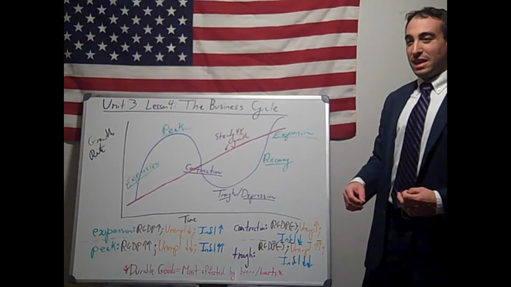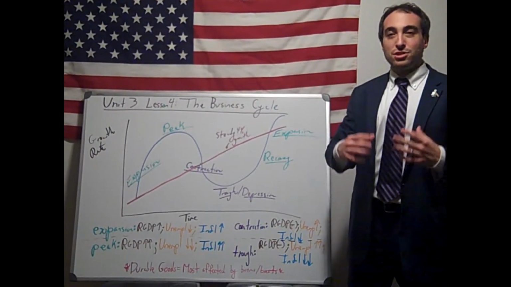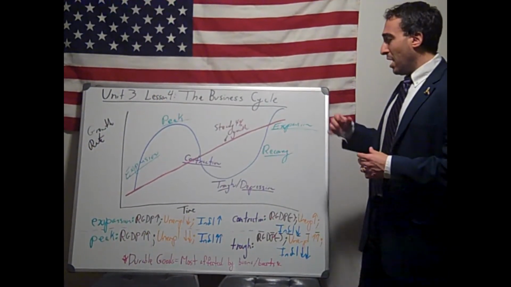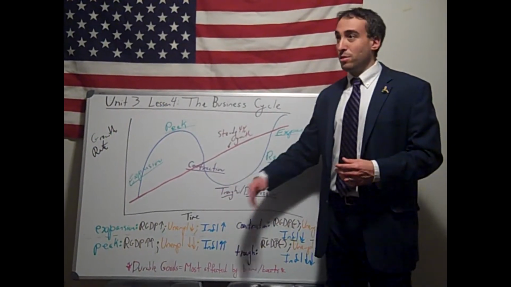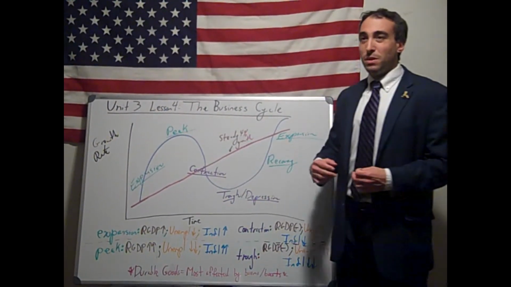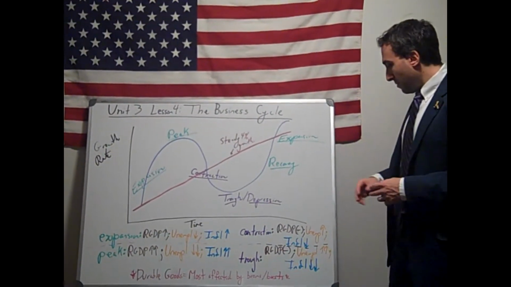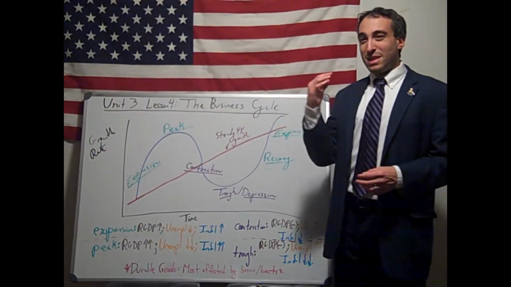Here, GDP is at its most negative. In the Great Recession in 2008-2009, GDP was like negative 9%. Unemployment is also at its worst, at its highest. In the Great Recession, unemployment was 12%, and GDP was negative 9%.